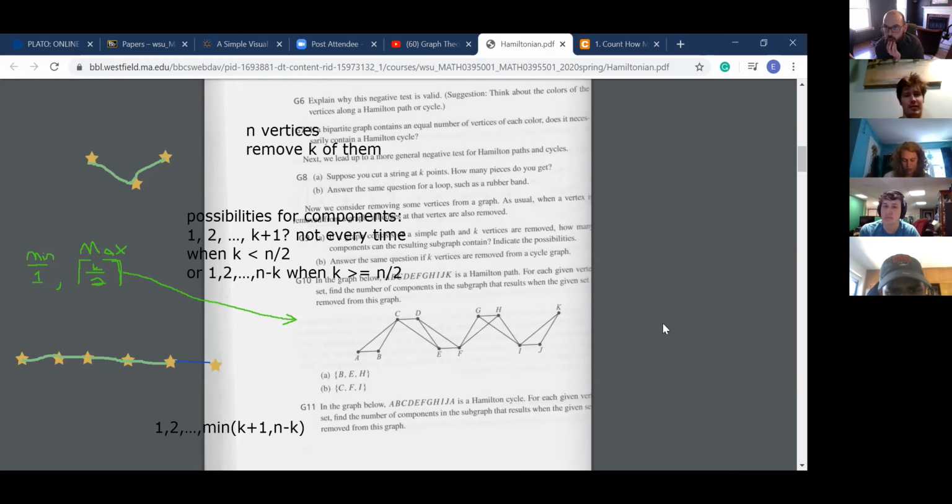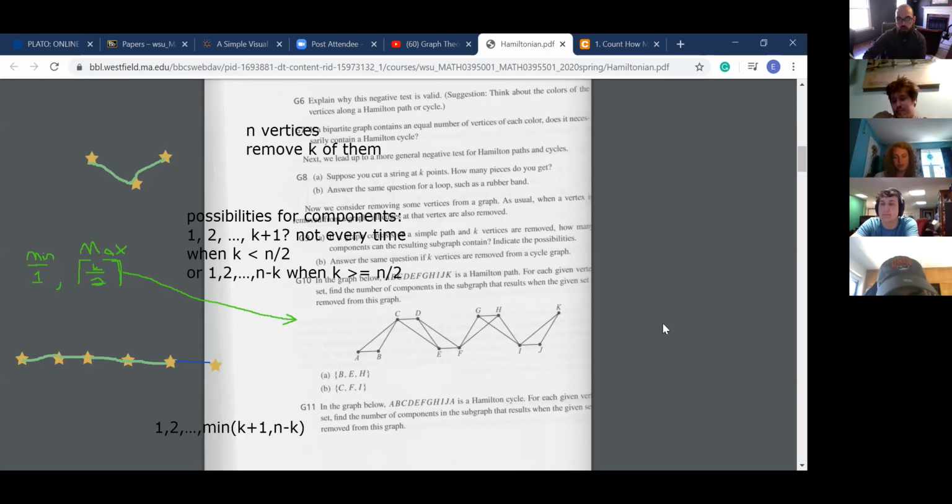Cool. So what's the case for cycles now? We were saying that if you take one vertex away in a cycle, then you're just left with a path. Yep. So you do the same thing, except first take away that first vertex. It's like cutting a pizza. Yeah, that's a great way to think about it. You take away a vertex, and that leaves you with a path, and then you have all the possibilities for a path.